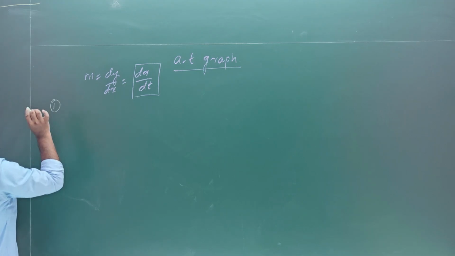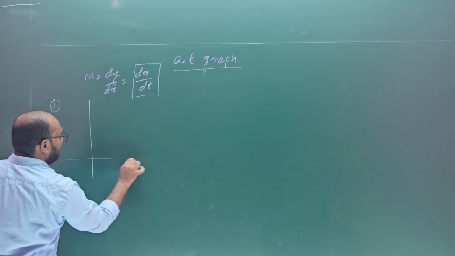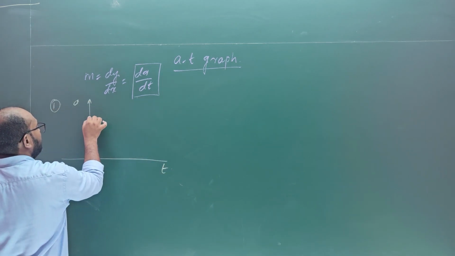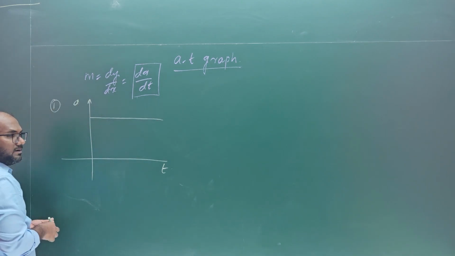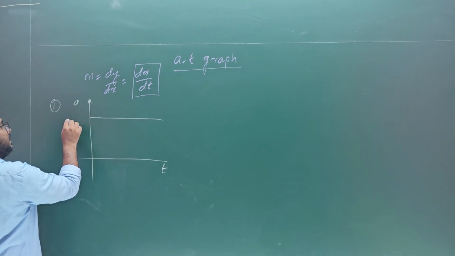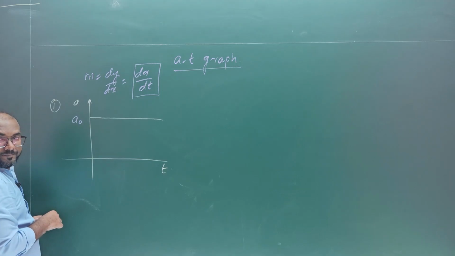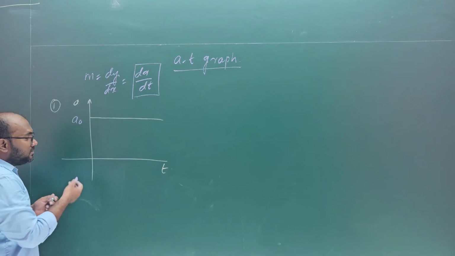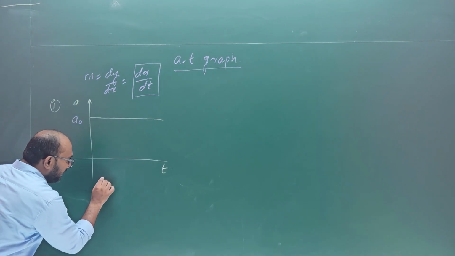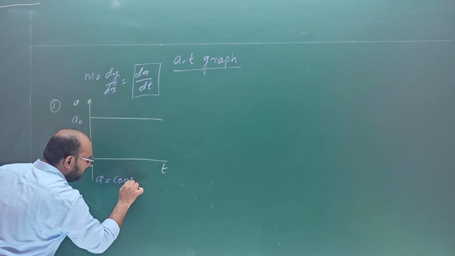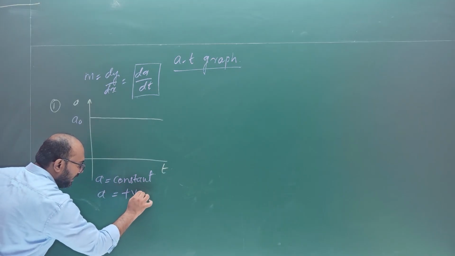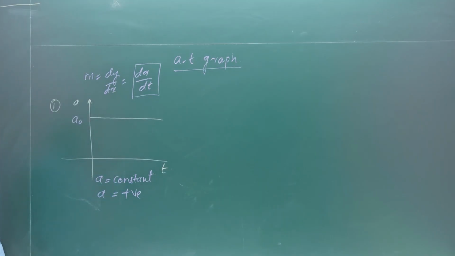Let us move to the first graph. Consider here is A, here is T. If I represent it with a straight line parallel to the x-axis, then can I say acceleration is constant? Second, can I also say that acceleration is positive? So in the first graph, acceleration is constant and has a positive value.